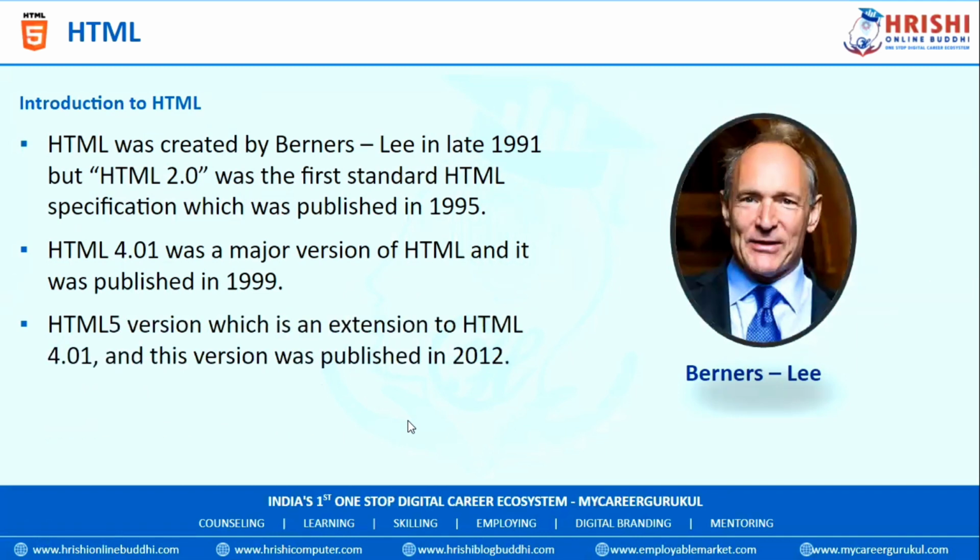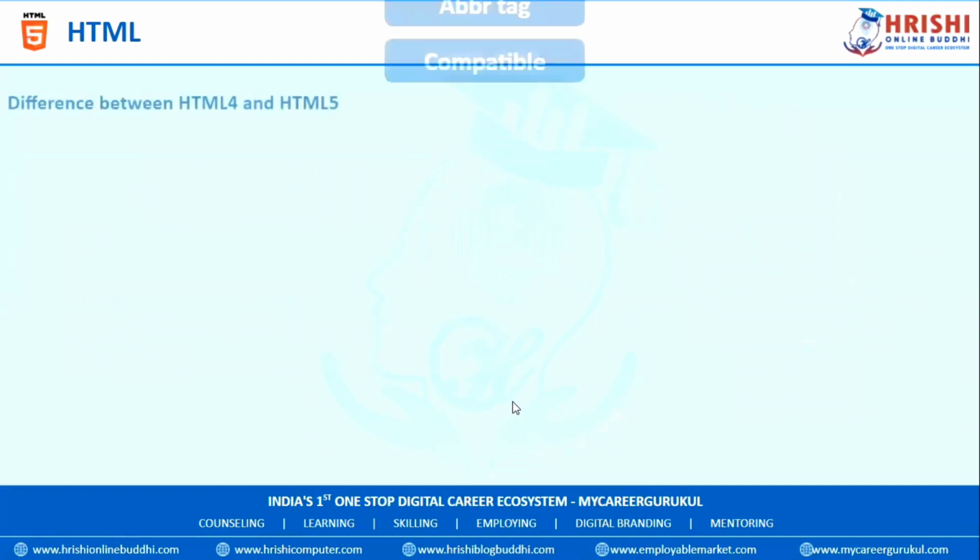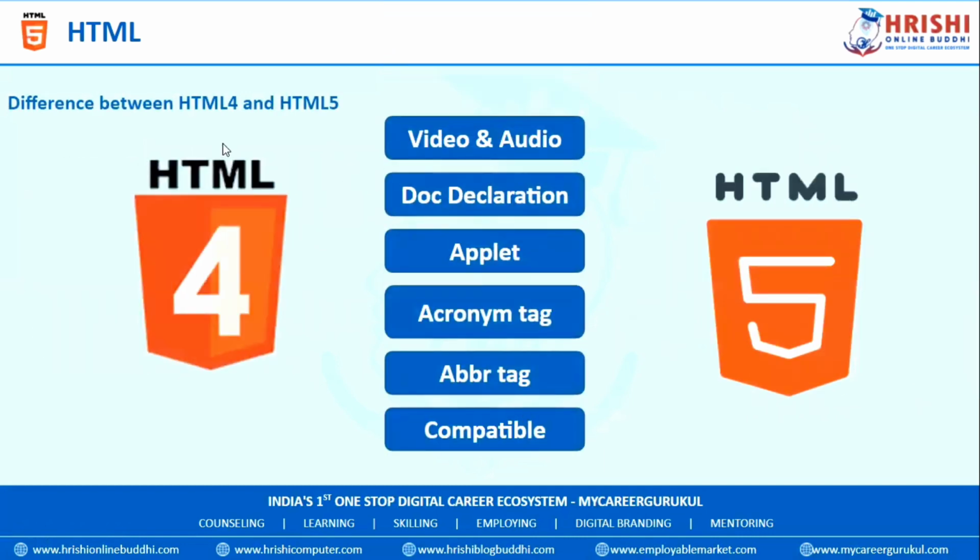HTML 4.01 version is widely used, but currently we have the HTML5 version, which is an extension to HTML 4.01, and this version was published in 2012. Let's learn the difference between HTML4 and HTML5.